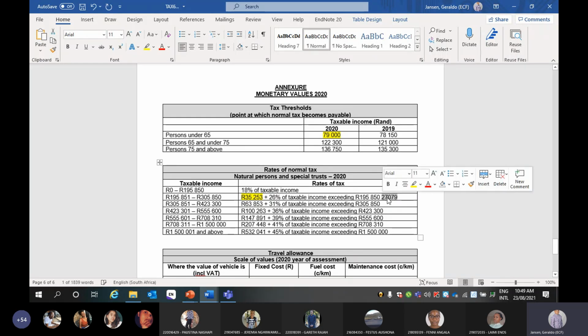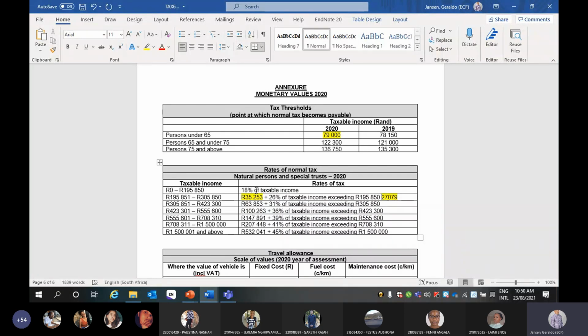So obviously we will have to add this 27,079 plus this 35,253. And you will see that our person that earns 300,000 for the year will pay 62,332. That will be the tax that person pays per year.